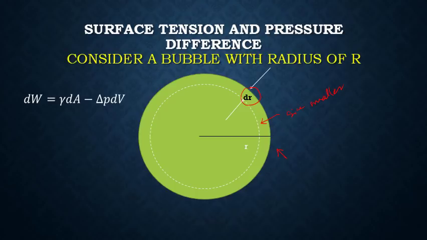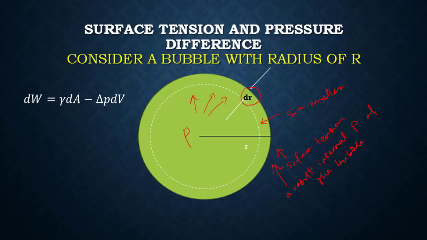As you know, the contraction is caused by the surface tension of the film, and when the bubble resists as a bubble, it is a result of the internal pressure of the bubble.